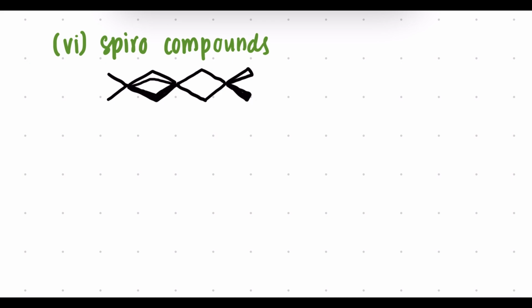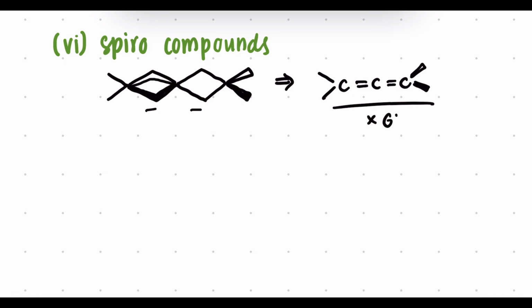Okay, so this is a compound right here, and as I said before, if we convert or write all of these cycles or rings as double bonds, we would get this compound. So, as we've studied before in the previous case, we know that this does not show GI, and hence this also does not show geometrical isomerism.